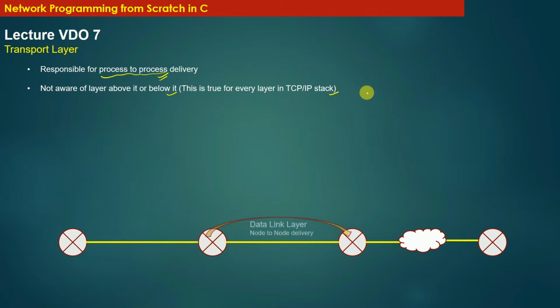Now, coming back, the data link layer has the responsibility for the transmission of the data packet hop by hop. So it is the job of the data link layer to take the packet from machine A to machine B, where machine A and machine B are directly connected machines.